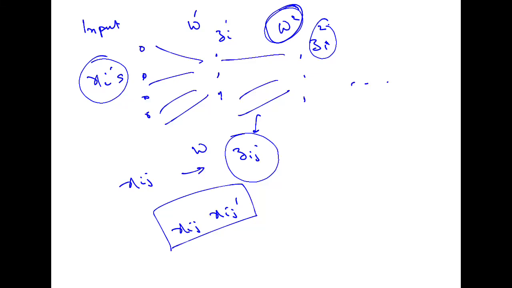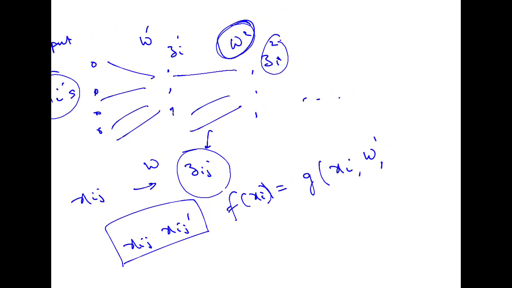Let's say my function of x_i, x_i1, is some g of x_i, w1, some weight matrix, and again x_i. So x_i is a vector in some dimensional space, the weight is a matrix, some m by n dimensional space, and I'm giving another input as that.